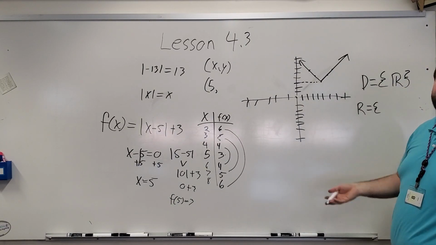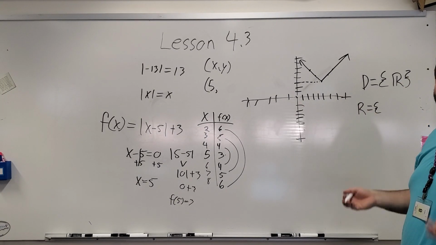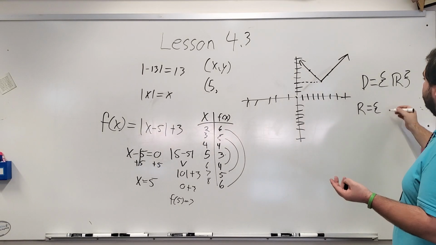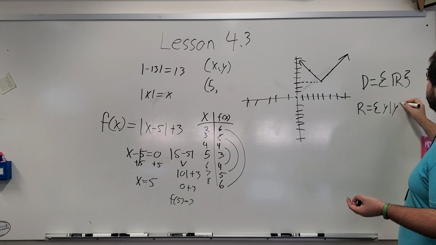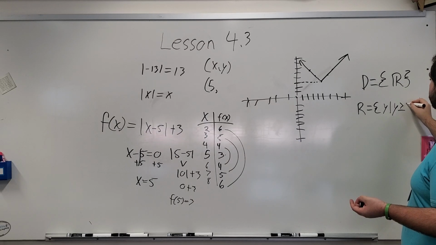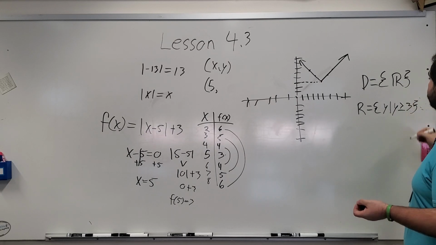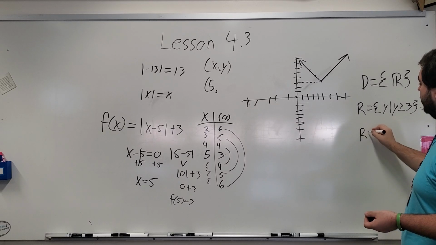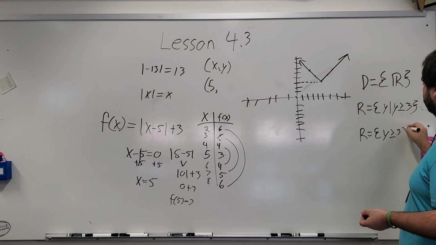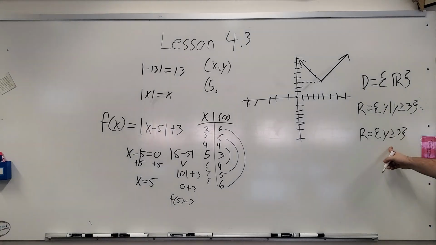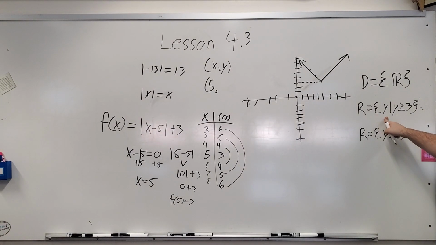And then it's everything above that. How do we say 3 and everything above? Well, we say y such that y is greater than or equal to 3. If you just want to have y greater than or equal to 3, I will accept that, but that is proper notation.